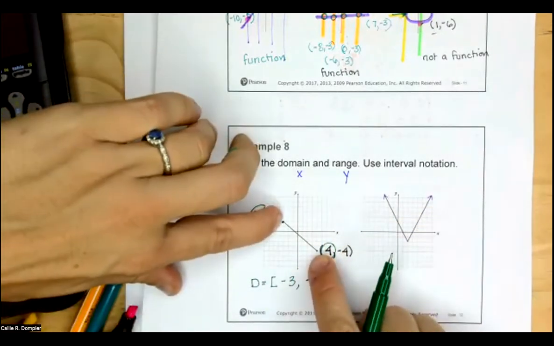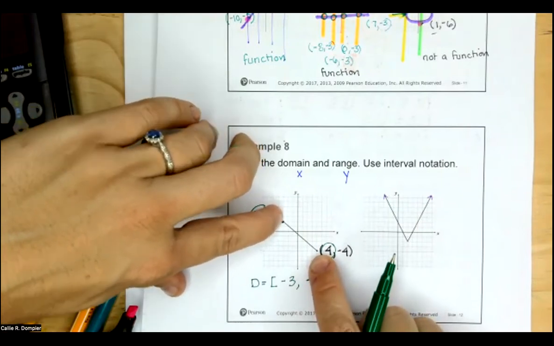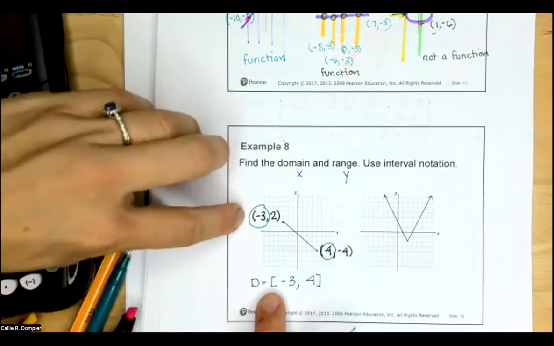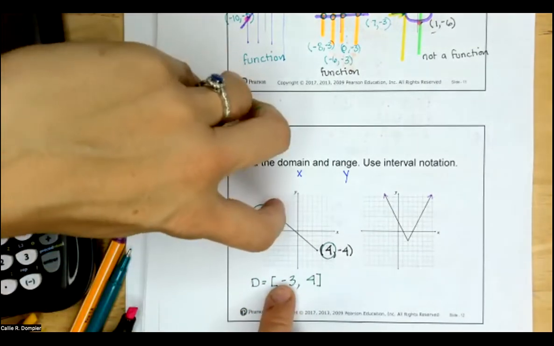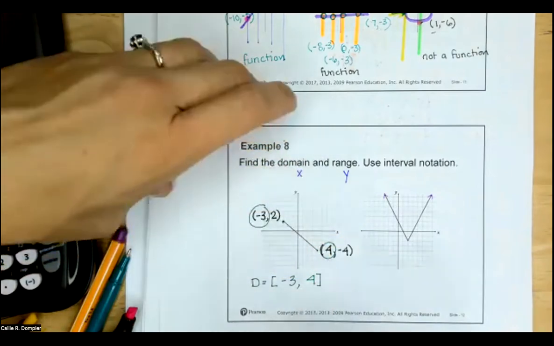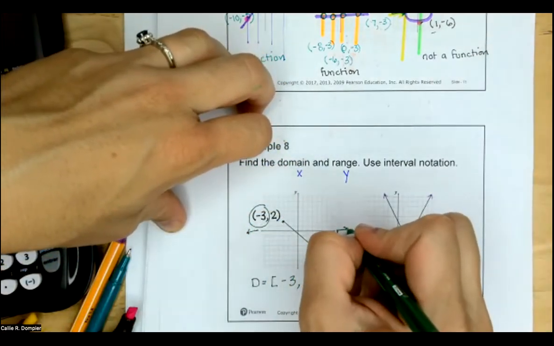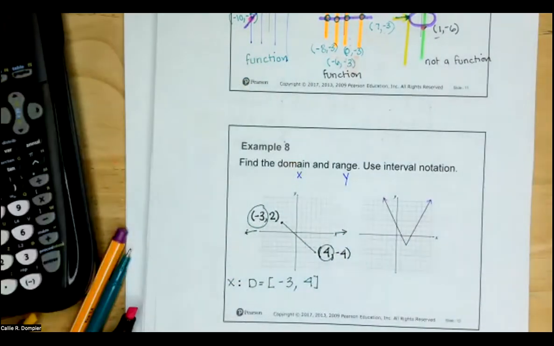Because those dots are colored in, they're not open hollow circles, it includes that point. So my graph goes from -3, bracket, because it includes -3, all the way to 4 on my x axis, okay? My x's are my domain.